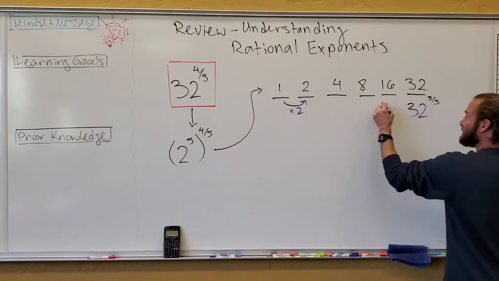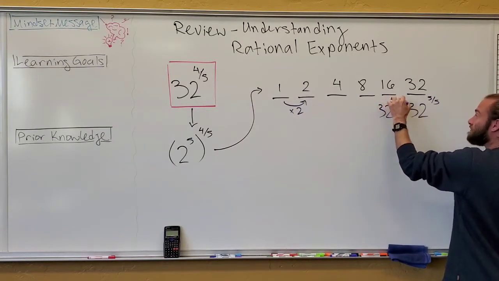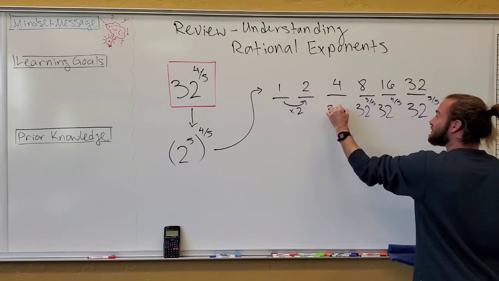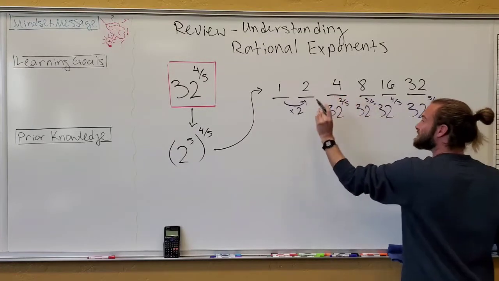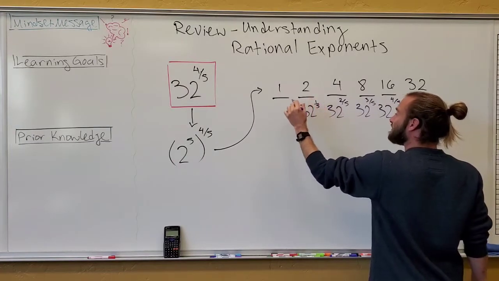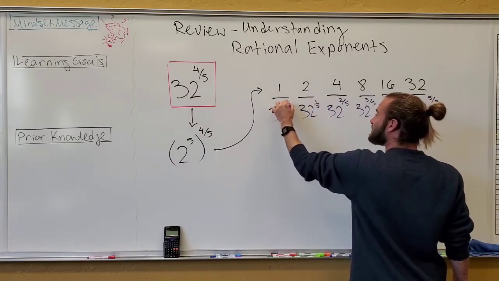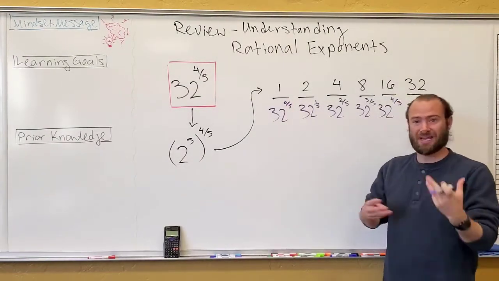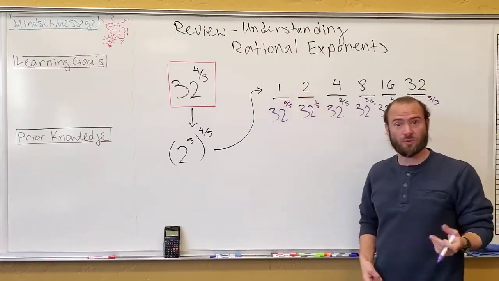So this would end up being 32 to the 4/5, 32 to the 3/5, 32 to the 2/5. This is 32 to the 1/5, and then this is 32 to the 0/5. That makes sense because that's just 32 to the 0, and we know anything to the power of 0 is always just equal to 1, right?